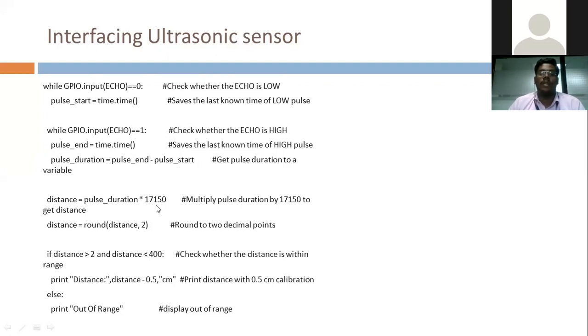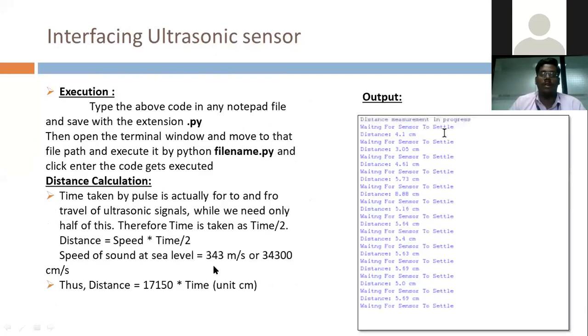The speed of sound in air is 343 meters per second. We need to convert it to centimeters per second because we are measuring in centimeters only, so we multiply 343 by 100.